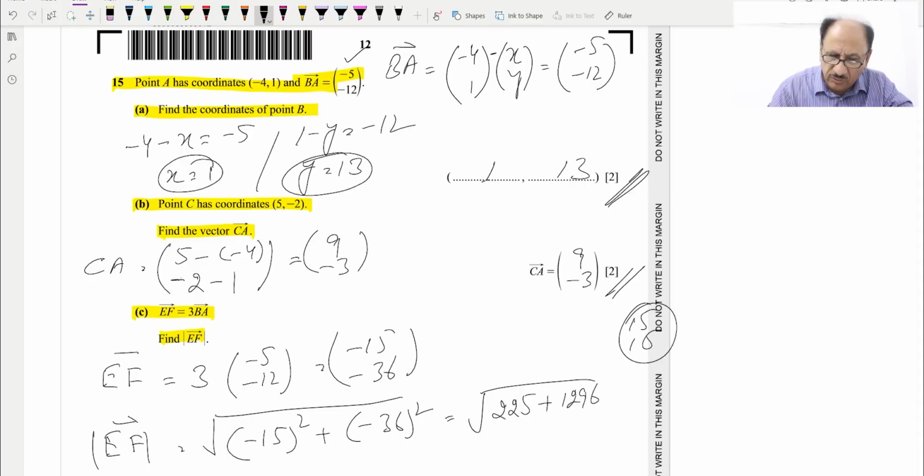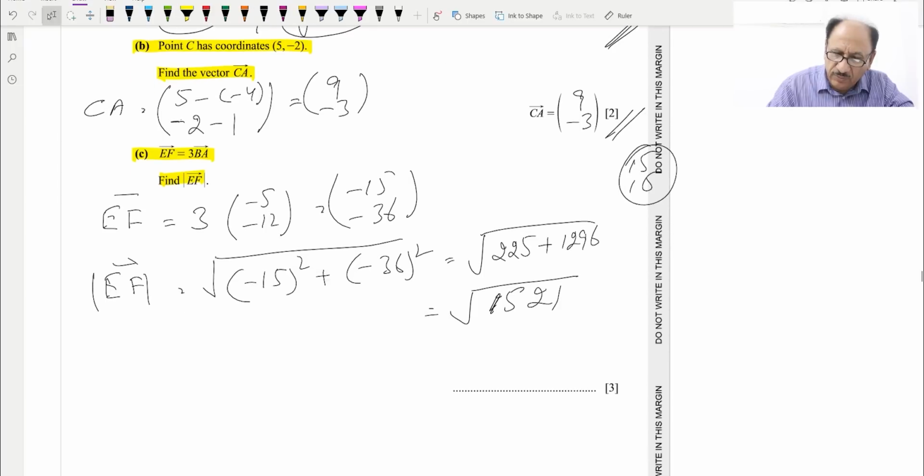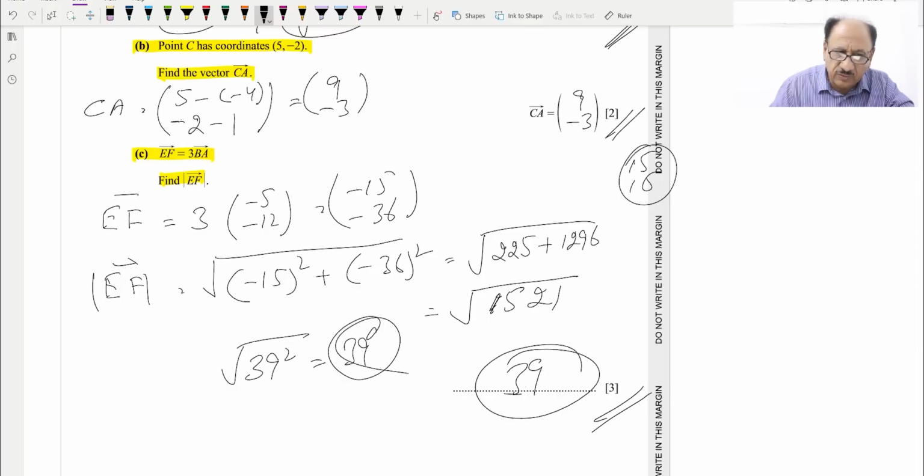If you multiply, you will get this, and then you need to add these values. If we add these values, it will be 1521, and 1521 is 39 square. So we can write the square root of 39 square, which will be equal to 39. This will be our answer for 3 marks.